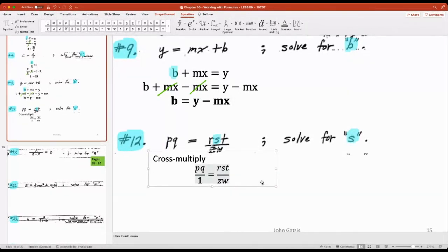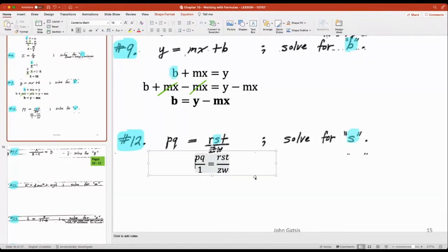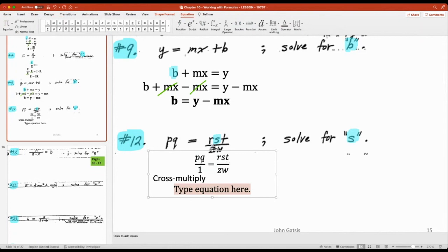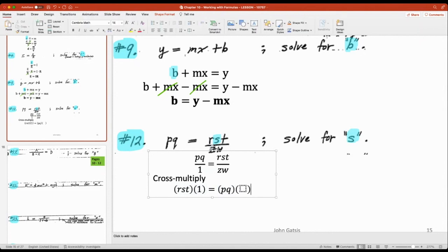Here's the cross multiplication step. So we're going to multiply diagonally PQ times ZW and RST times 1. So RST times 1, let me put that in brackets, sorry. So we have here RST times 1 equals PQ times ZW.